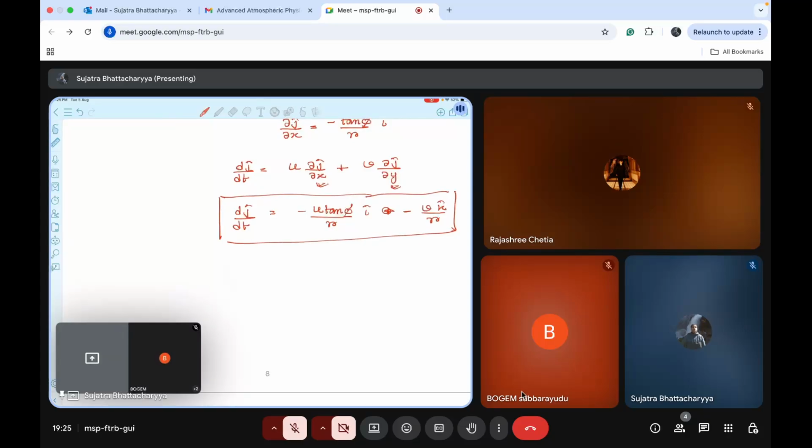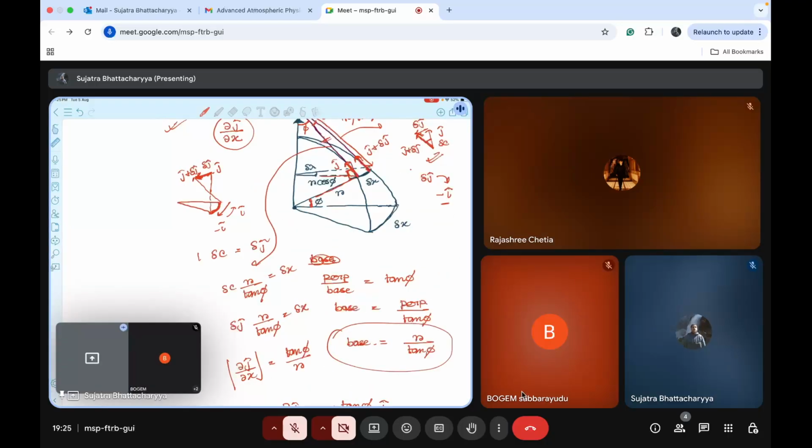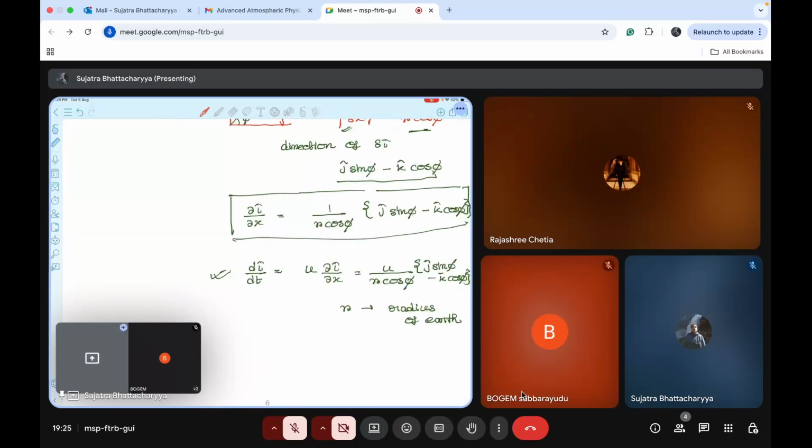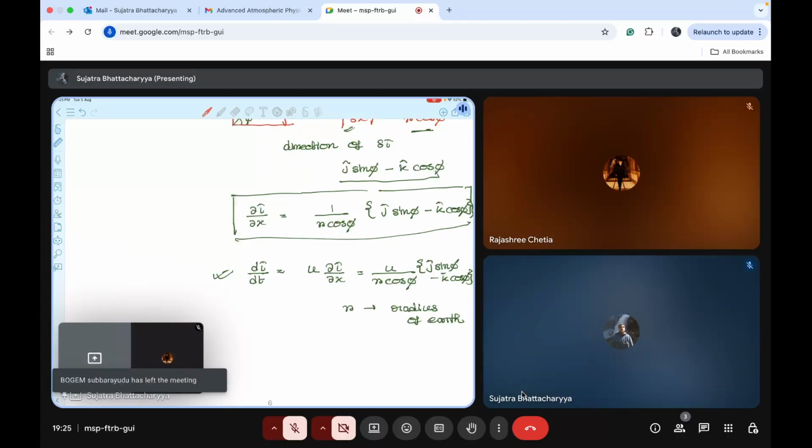Okay, so one thing I want to comment here is this delta x. In the spherical polar coordinate, the i hat, the unit vector in the x direction, the eastward unit vector, depends only on u. The motion is dependent only in the zonal direction, either east or west.